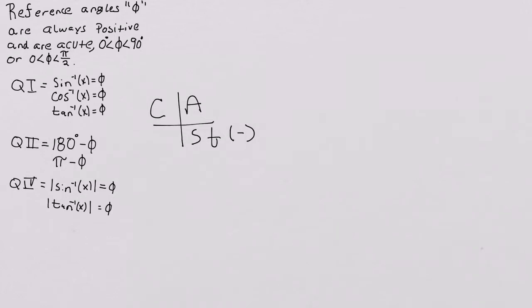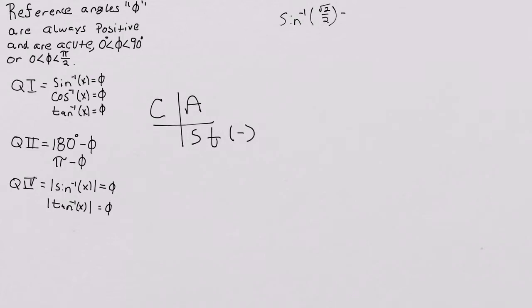Let's say we do arc sine of, let's just keep it easy, square root of 2 over 2. Arc sine of square root of 2 over 2, you can look on your unit circle. It's going to be the y value.